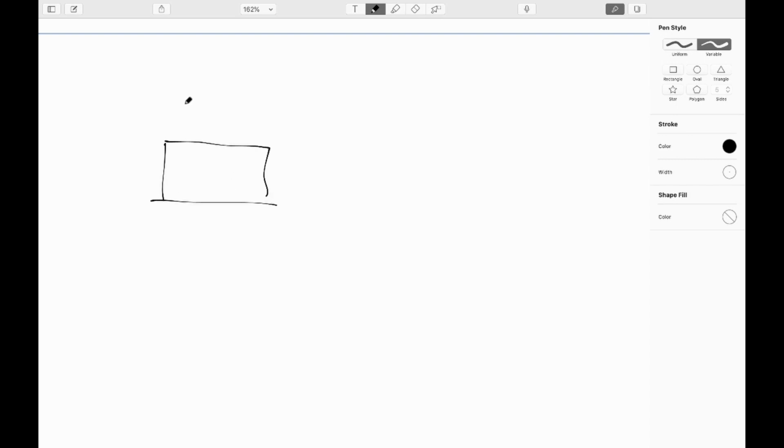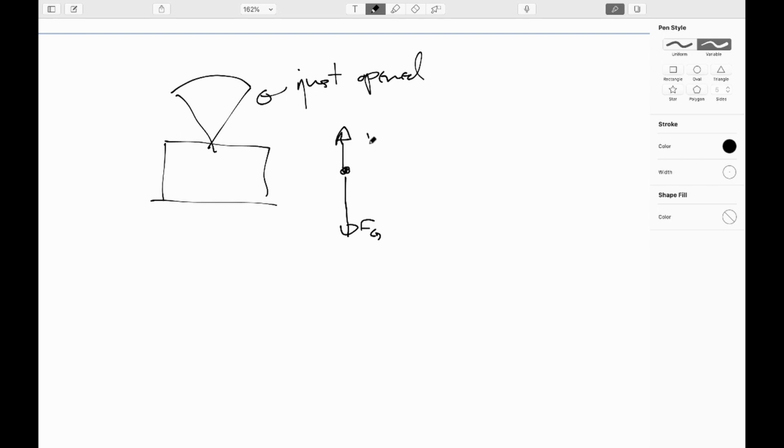So here's my box, here's my parachute. We'll say the parachute just opened. So here we can again draw a free body diagram for it, but now we'll have the force of gravity down, and we'll have a force of drag up.